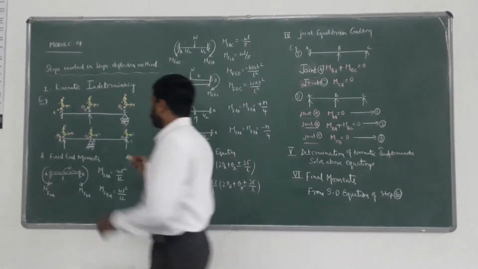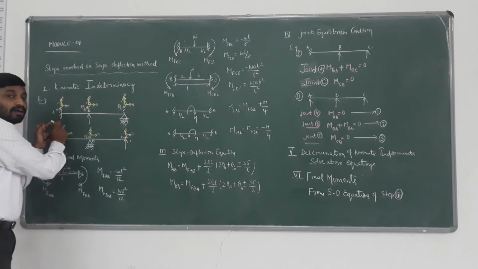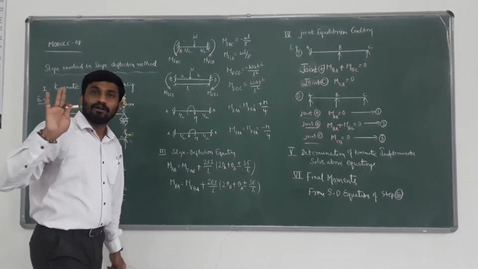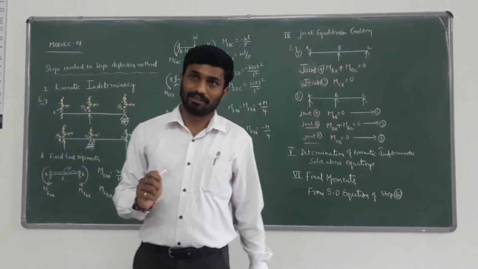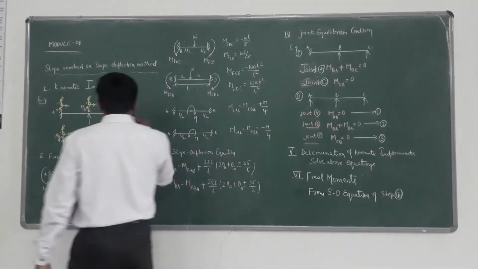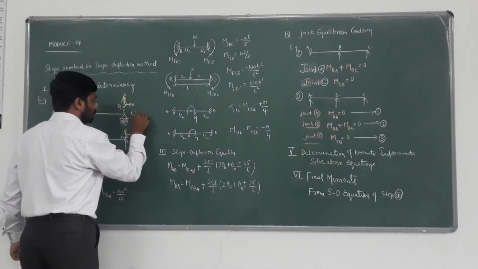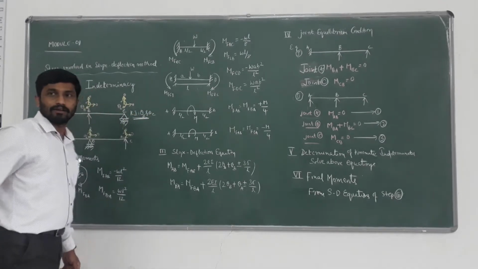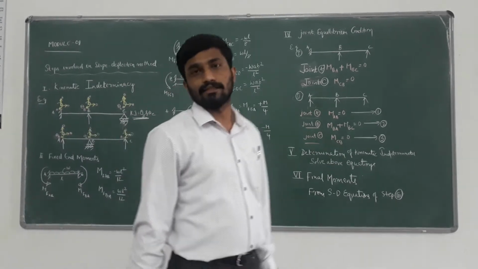So what is the total kinematic indeterminacy of the given beam A, B, C? There are two kinematic indeterminacies, theta B and theta C.